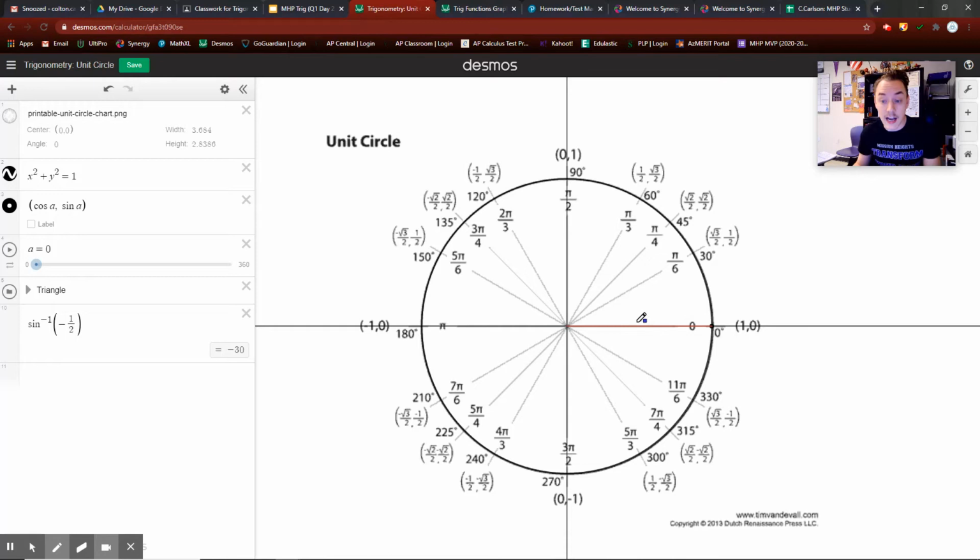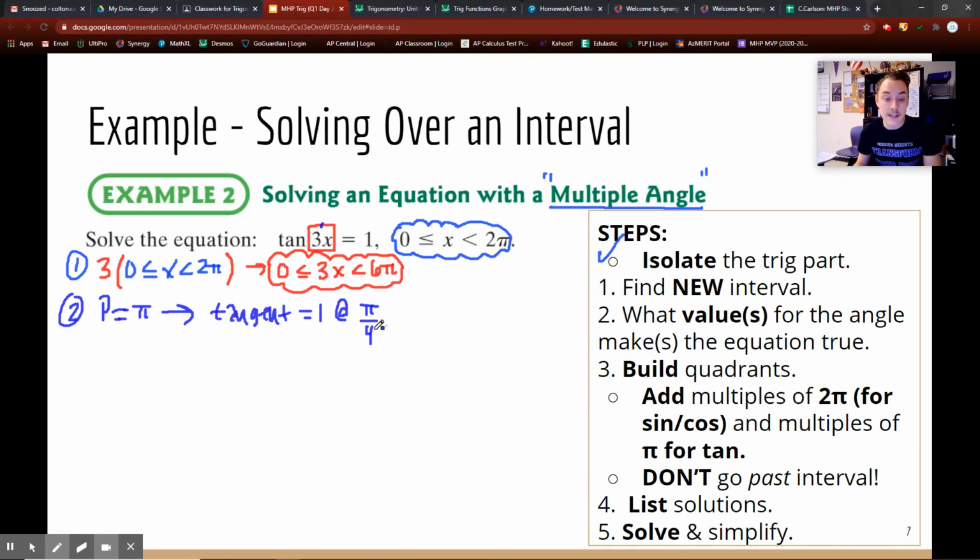Yes, but again, I'm going from 0 to pi as my period. I would have to repeat my period in order to get that value. So I don't care about that value. I only care about that value, because, again, my period is pi in general for tangent. So far, so good? So that means I'm going to start with pi over 4.